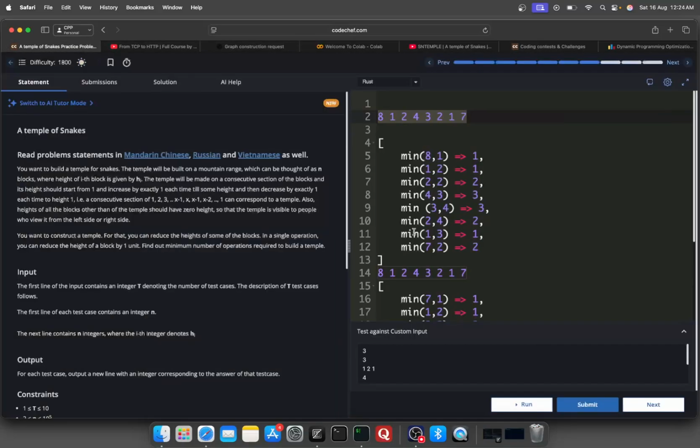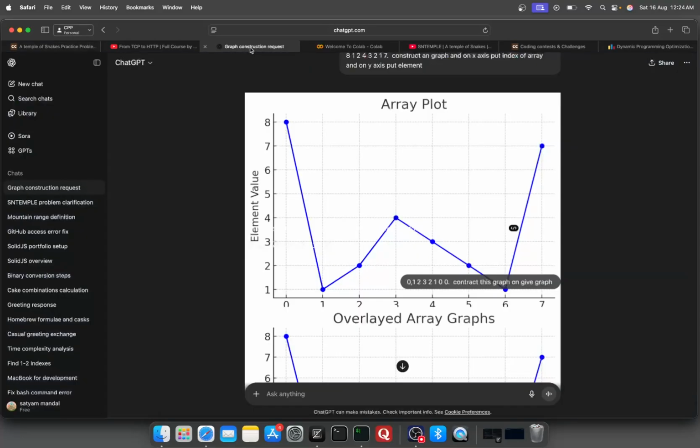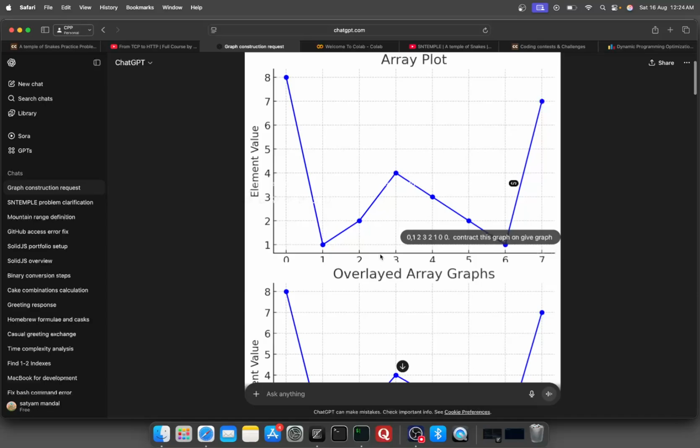So what's my idea here? First I want to share a few things as well. Our answer lies below this blue line, right? And our answer is a mountain kind of structure.